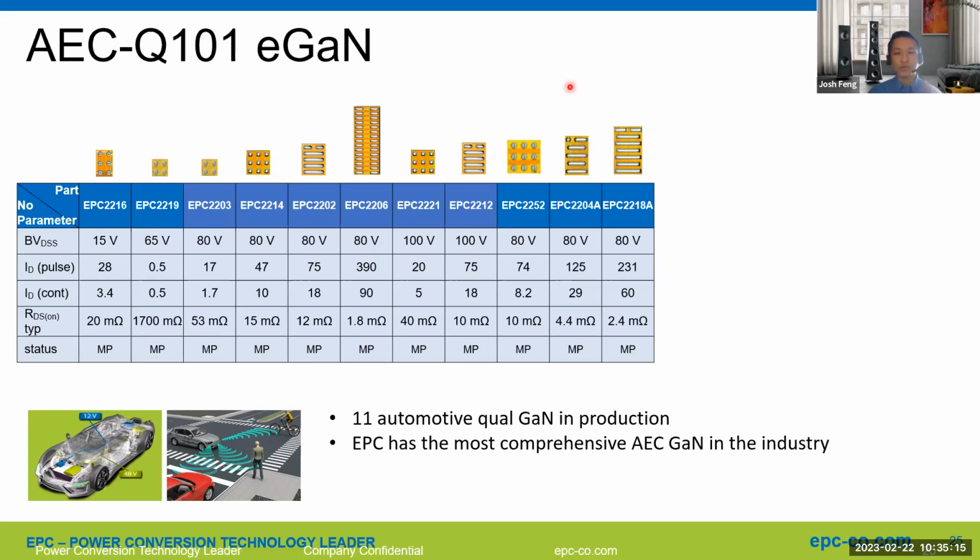The three most recent released products are our generation 5 products, 80 volt, the 2252, 2204A, and 2218A. The sweet spot will probably be 28, 36 volt, or 48 volt output PD in your car in the future.